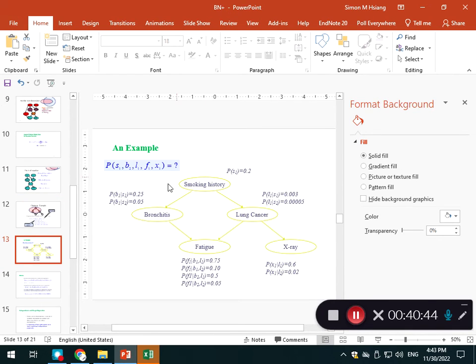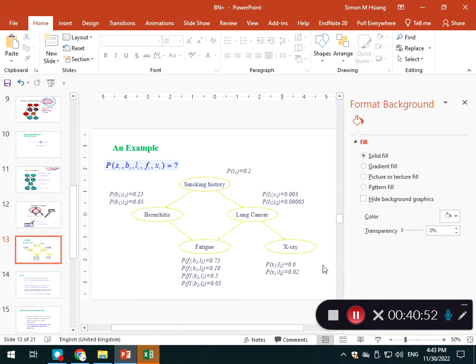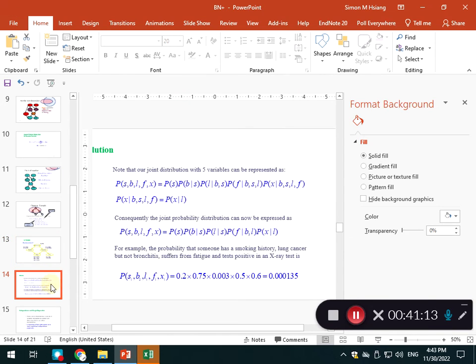Here is a numerical example: smoking, bronchitis, lung cancer, fatigue or difficulty breathing, and X-ray confirming, the imaging confirmation. Why do you put the X-ray sideways here? Because you don't always go to see the doctor when you have fatigue and difficulty breathing. The X-ray is there because you have a cancer, so then you will confirm it.